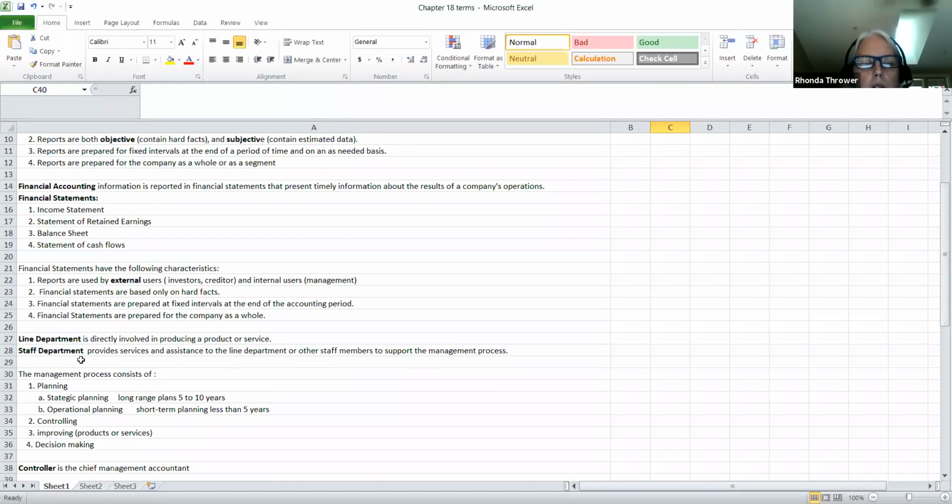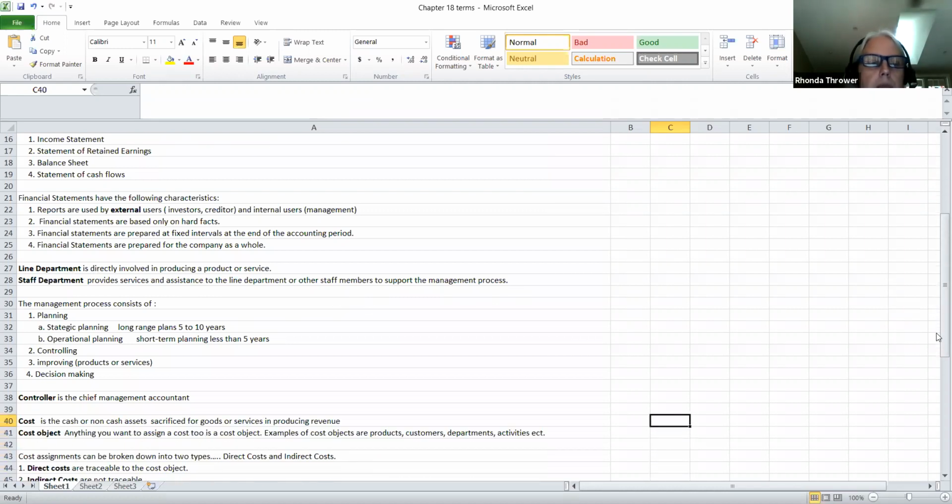A staff department, on the other side of that, is one that will provide services and assistance to the line department. The staff department can also provide other staff members support to the management process too. So these are two terms that are introduced to you in Chapter 18.